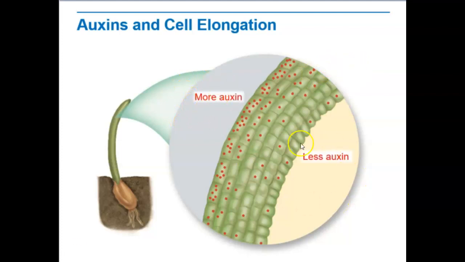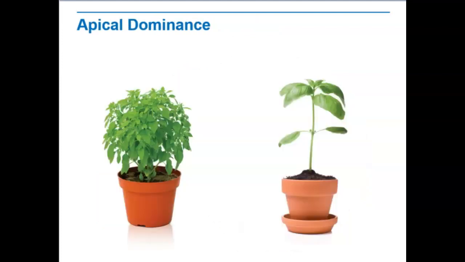And here you can see more auxin and less auxin. So this slide is showing a phenomenon called apical dominance. What apical dominance is: if the tip of a plant, or the apical meristem, is removed, the lateral buds, or the buds that would grow outward, begin to grow more quickly, and that causes a plant to become bushier.